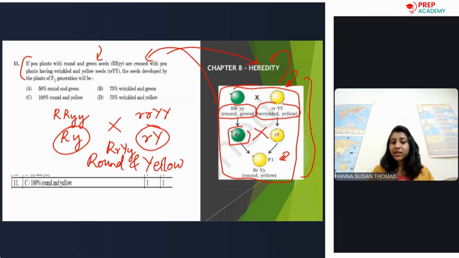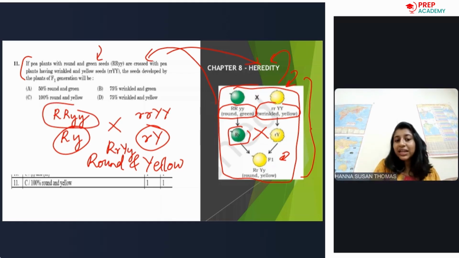So round and yellow are the characters exhibited by the F1 generation. The question asks: the seeds developed by the plants of F1 generation will be, options: 50% round and green, 70% wrinkled and green, 100% round and yellow, 75% wrinkled and yellow.